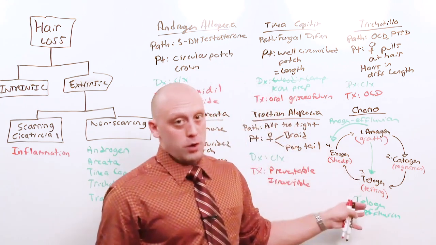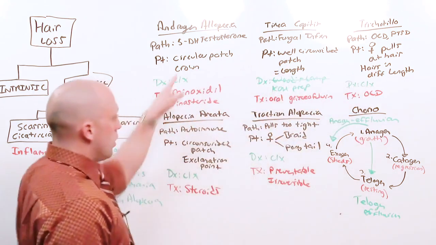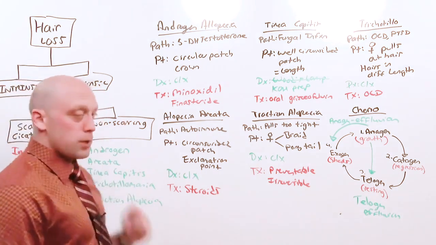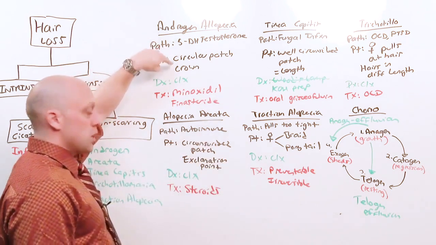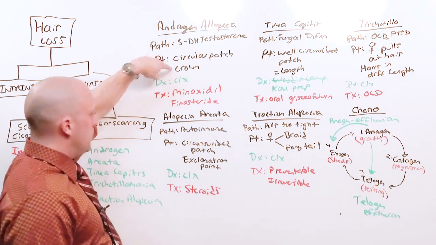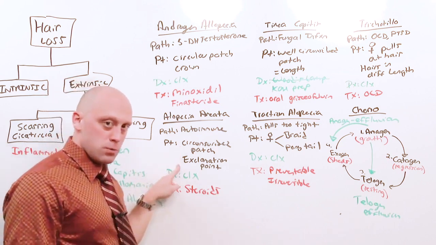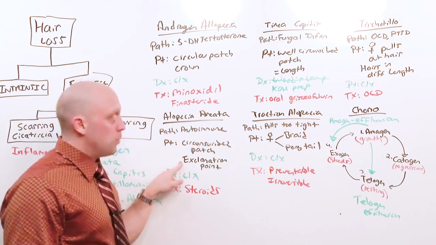In chemo, you lose all your hair. You're not going to miss that. What you need to do instead is be able to compare the other five, which is why I included them in our approach, so that you can identify what the picture will look like. Androgenic alopecia is a circular patch on the crown of the head, no hair. Alopecia areata is a circumscribed patch anywhere with the exclamation point because the hair follicles depigment and get narrow near the scalp.